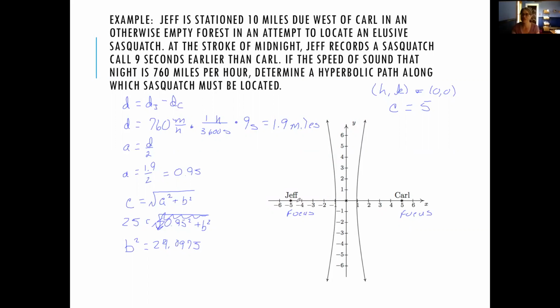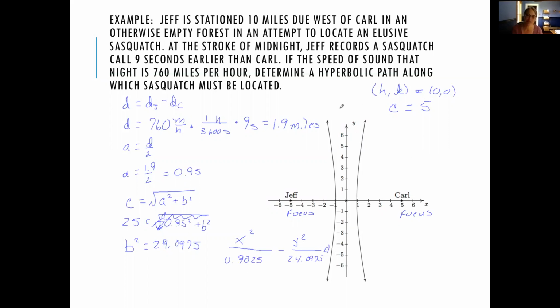So the reason why this matters is because they could take a map, right? Draw it to scale, scribe on their axis system. Given technology, you can probably figure out how to put that in decimals or overlay a decimals type graphing utility over the top of a map. Write down your equation, which is x squared divided by 0.95 squared, which is 0.9025, minus y squared over 24.0975 equals 1.